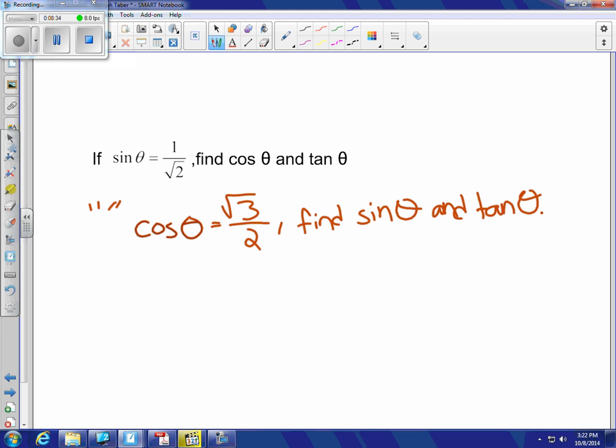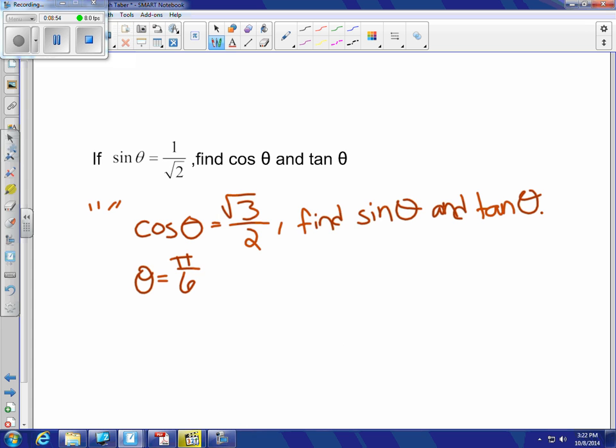Okay, what's our first step? Well, what's square root 3 over 2? What is the radians of that? What does theta equal? That's right, pi over 6. If you look at your table, I'll show you.